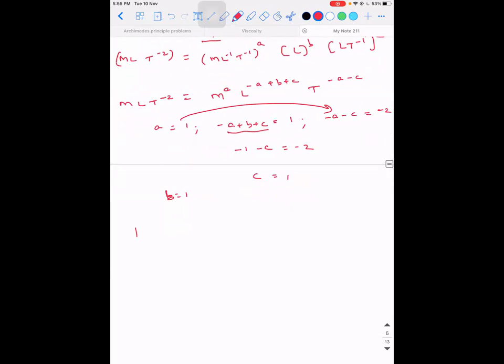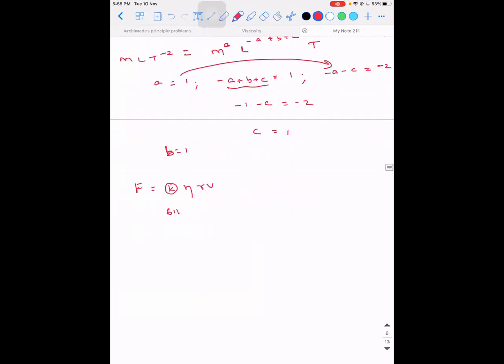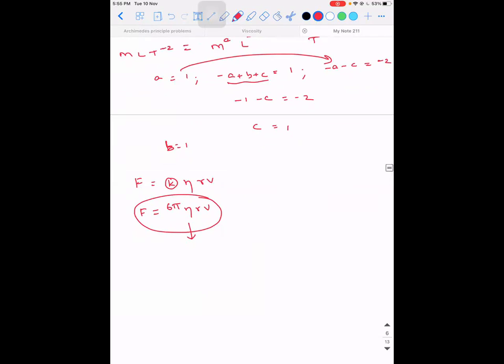So what will be the value of F? F will be equal to K times eta r v, and this K is found out to be 6 pi. So 6 pi eta r v is the viscous force experienced by the solid. It is not by the liquid. It is the viscous force experienced by the solid, a small sphere of radius r, moving with velocity v inside a liquid of coefficient of viscosity eta.